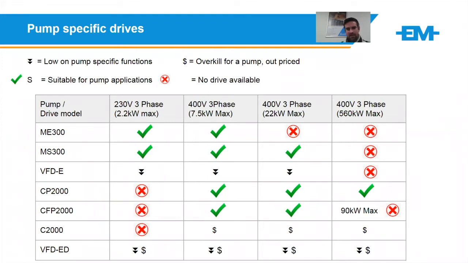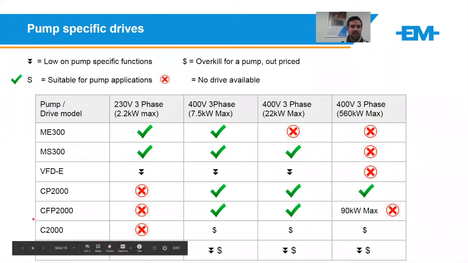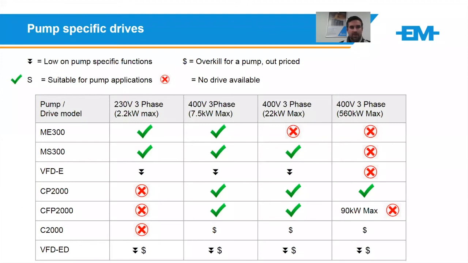And last but not least, our ED drive is very particular to elevator applications, so extremely low on pump parameters and also costly compared to the CP version drive. So I hope this table explains our offering with regards to pump specific drives a little bit more, and when a customer asks you to quote, that it'll help you choose the correct drive for the application.